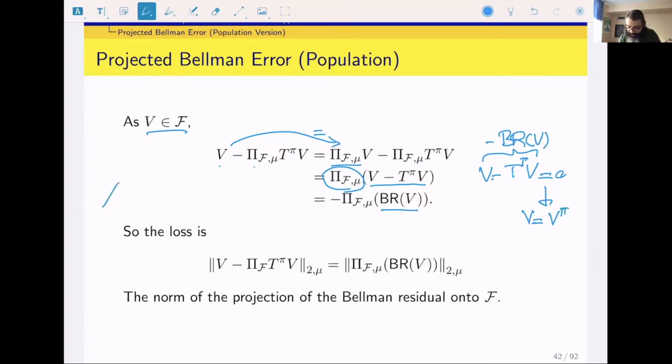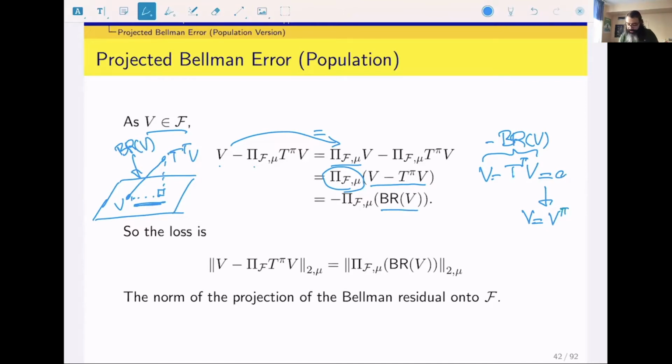Like if we have this space, this distance would be the Bellman residual of V, or the difference between vectors, not the distance. And now we project it to that space. So this part would be the projection of the Bellman residual onto F. And now we try to minimize its norm.